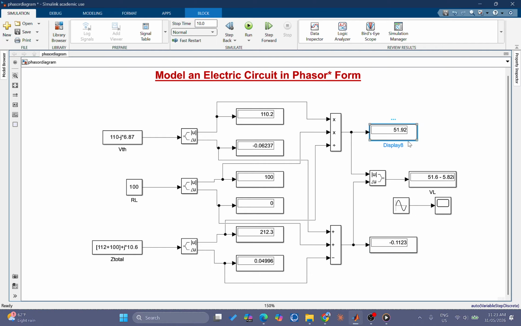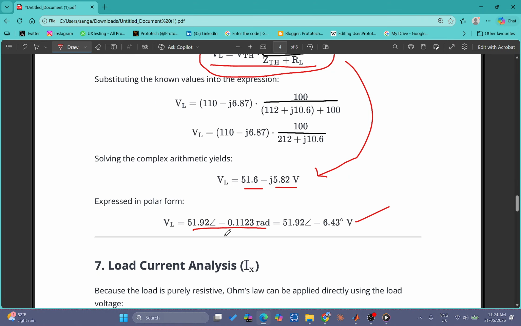From here you get the magnitudes. By using the magnitude-angle to complex block, we are reconstructing the values back to the rectangular form, and our final load voltage is 51.6 minus j5.82 volts.